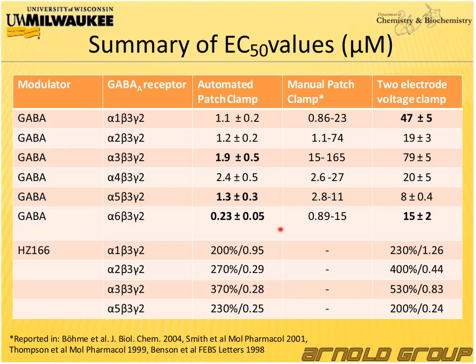The second important point in this table is that the data we obtained with the automated patch clamp assay are comparable with the ones we obtained with the manual 2-electrode clamp assay, where the emphasis here is a higher potentiation for the alpha 2 and the alpha 3 subunit containing receptor.